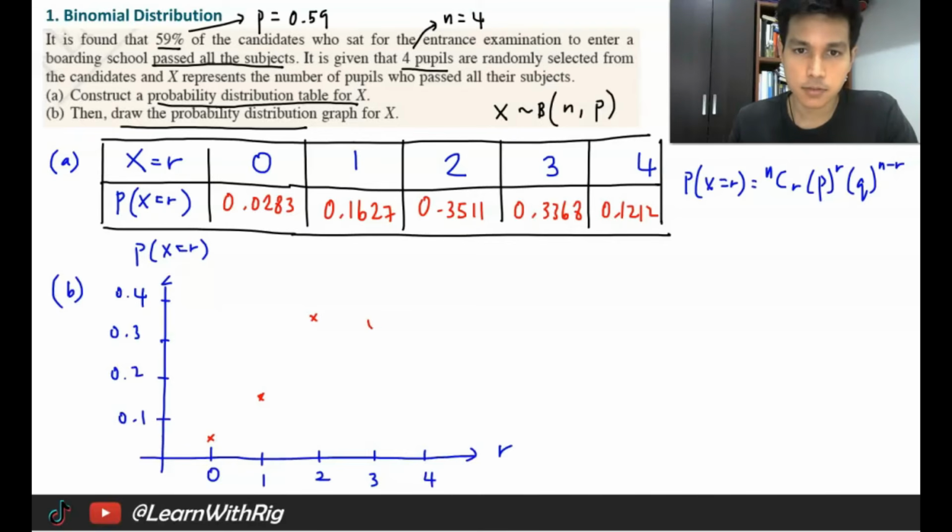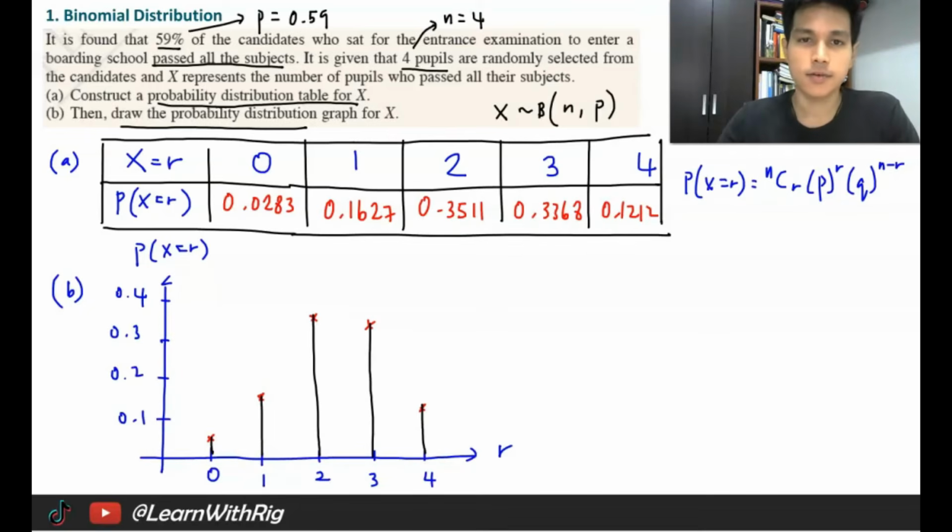Then when r equals 4, you get 0.12, somewhere here. Now you just have to draw the line back down to the respective r value. So this is how you draw your probability distribution graph.